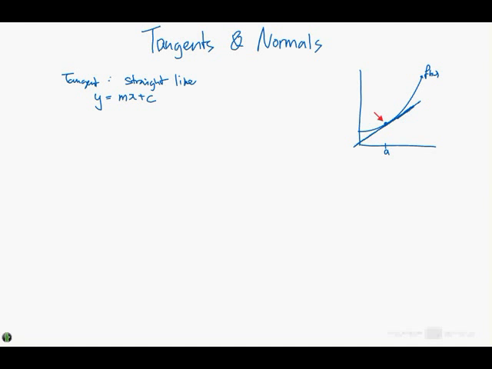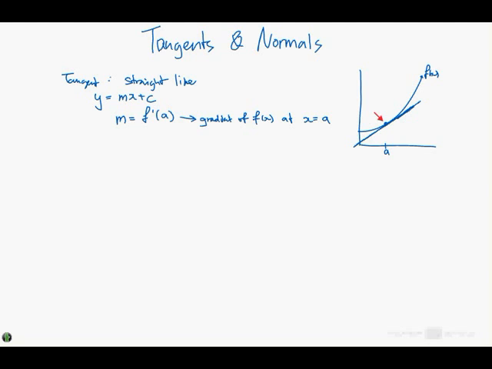Now, we said before that the gradient of a tangent is what? The gradient of f of x at the point where you want to find that tangent, right? So m is actually equal to f dashed of a. That's the gradient of f of x at x equals a.